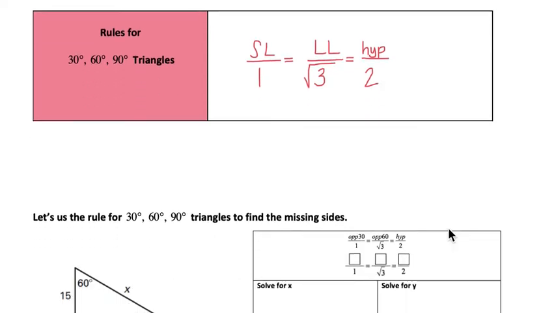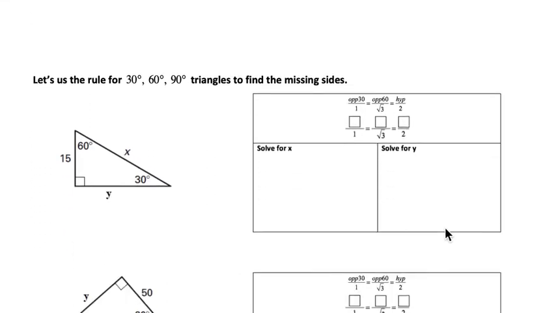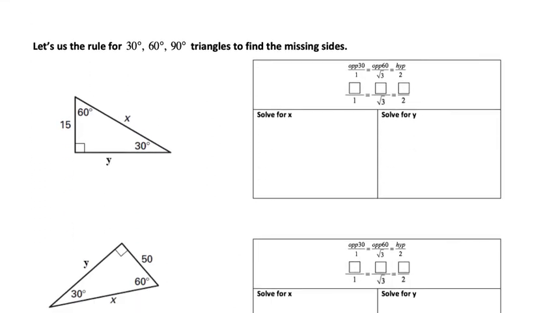Okay, let's try a few. So in this first one, opposite the 30-degree angle, or my short leg, is going to be 15. Opposite the 60-degree angle, or the long leg, is going to be y. And then the hypotenuse across from the right angle is going to be x.